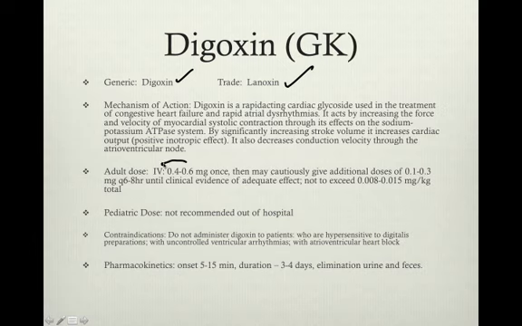Very, very fine dose here. Most people, when they take a pill, are on 0.25 milligrams daily, so we can't take two of those. If we take two, all of the untoward effects or side effects are going to be seen. Pediatric dose is not recommended for out of hospital.